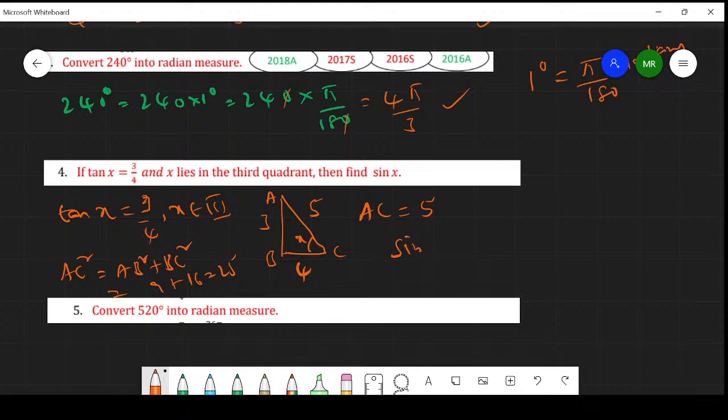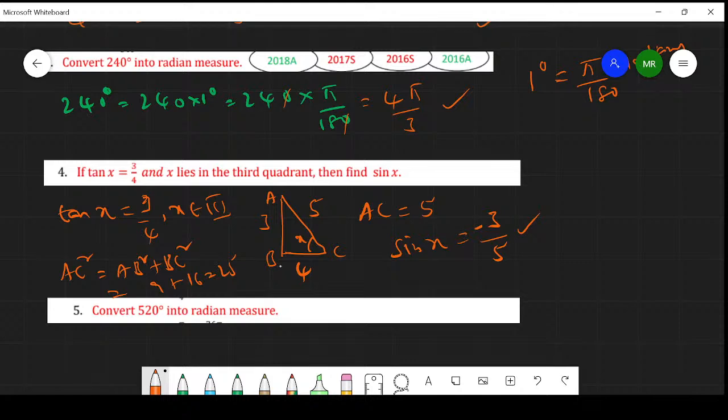Sin x is opposite side by hypotenuse, 3 by 5. But x belongs to the third quadrant, so it comes minus 3 by 5. Since the angle is in the third quadrant, sin is negative, so sin x equals minus 3 by 5. That will be your answer.